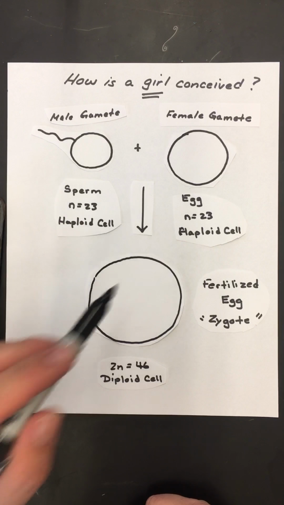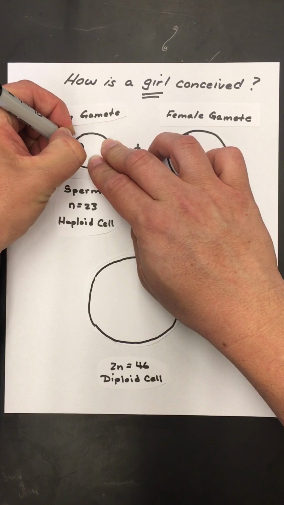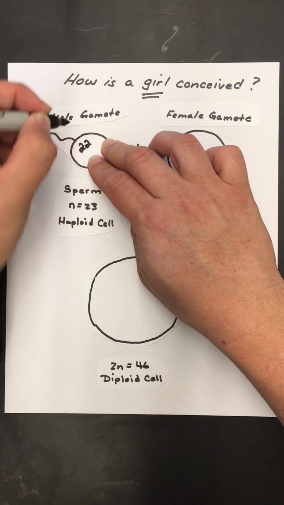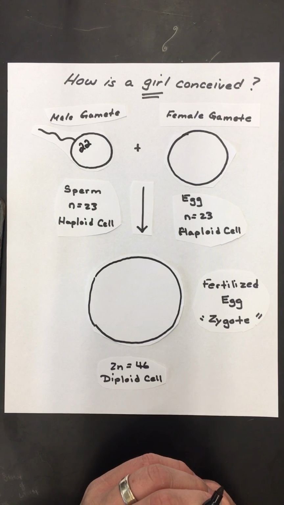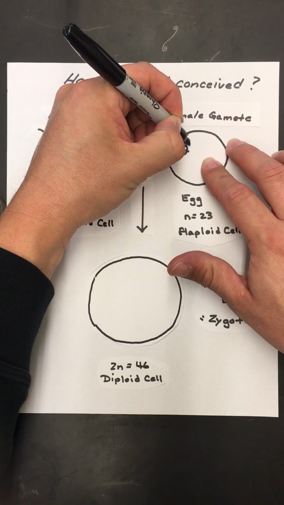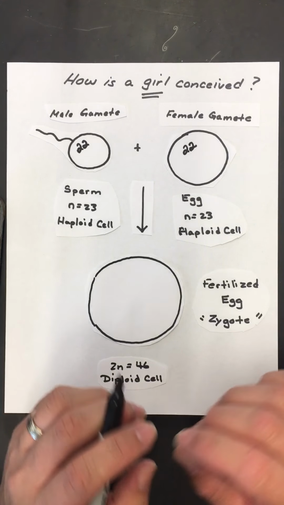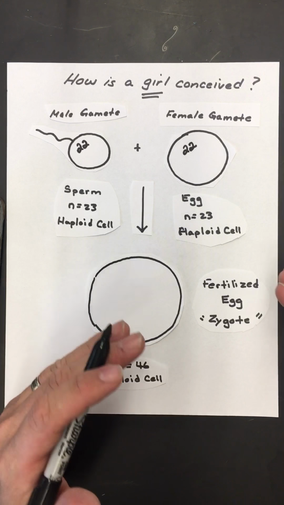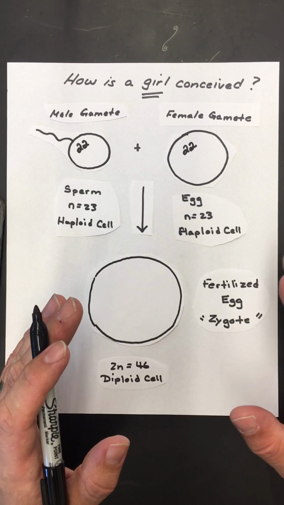Remember, a male gamete has 23 chromosomes, but 22 chromosomes are called autosomes, all right? And the female gamete also has 22 autosomes. So autosomes are just chromosomes that have genes that have nothing to do with your sex, okay?